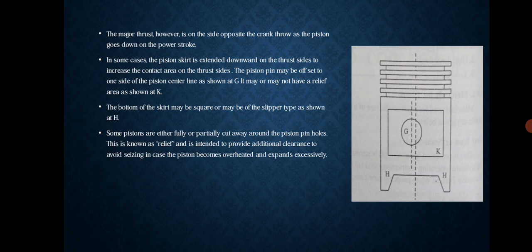The piston pin may be offset to one side of the piston center line as shown as G. It may or may not have a relief area as shown as K. The bottom of the skirt may be square or may be of slipper type as shown as H. Some pistons are either fully or partially cut away around the piston pinhole.